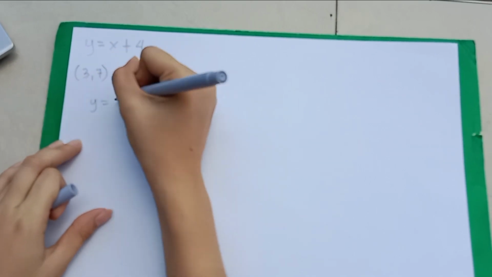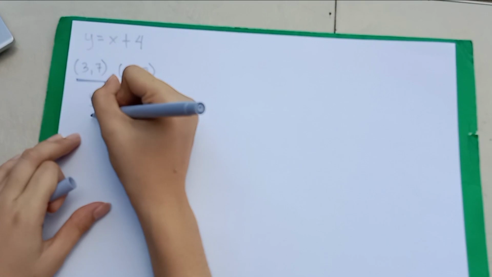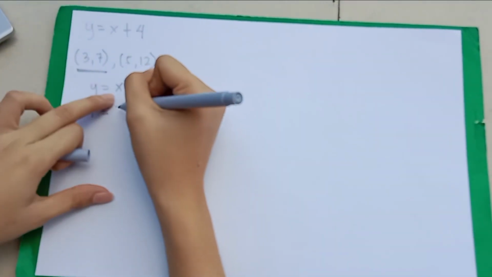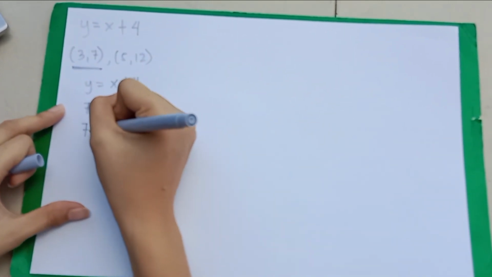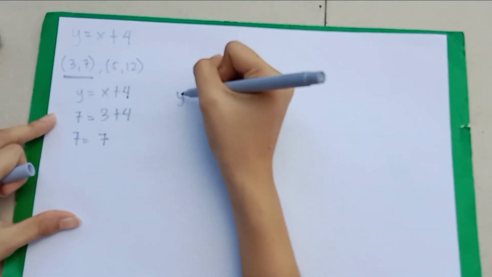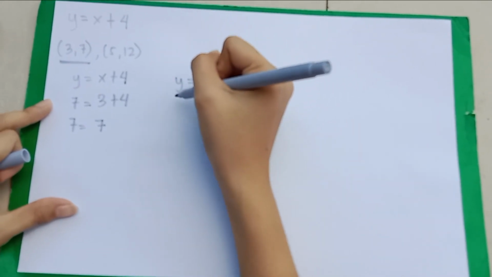Now let's see which of these two pairs is a solution to the equation. Let's substitute first the 3 and 7. So y equals 7, and 3 is our x, so 3 plus 4. So 7 equals 3 plus 4, which equals 7. Then next is the ordered pair 5 and 12.